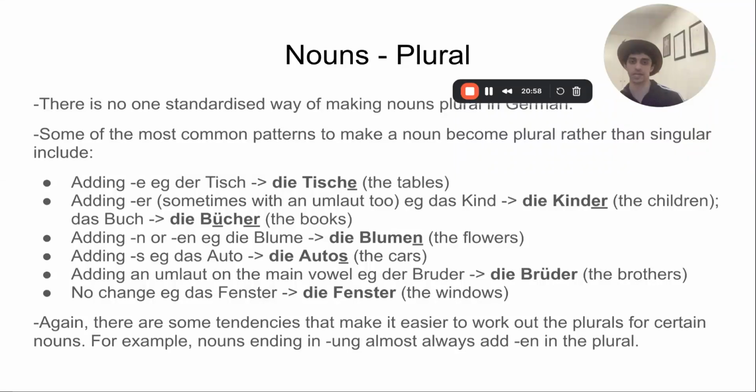It must be er at the end that you add on, for example. Or die Tischen just sounds wrong, so you simply add an e to make the plural for the tables. With familiarity, that comes more naturally too. But there are other tendencies that will really help. For example, nouns ending in ung will basically always add another en in the plural.